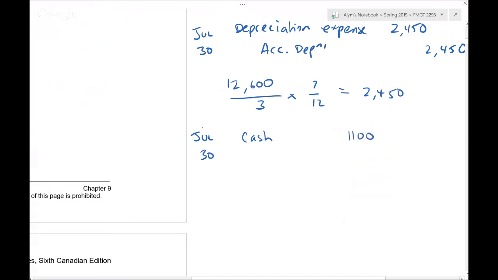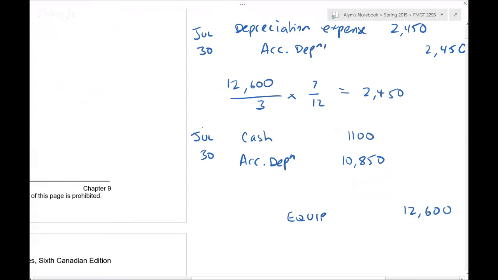$1,100, debit accumulated depreciation for $10,850. We're going to credit the equipment for $12,600.